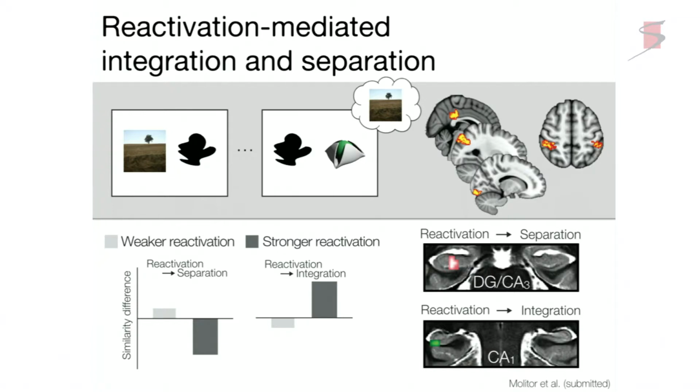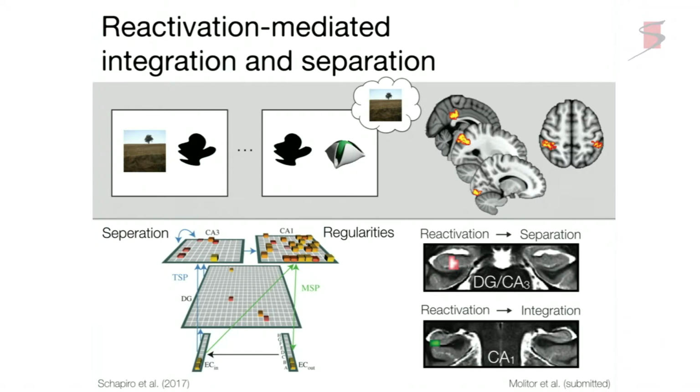What I'll point out is that this particular dissociation was predicted by a computational model developed by Anna Shapiro. It's built on the complementary learning systems model developed by Jay McClelland, except it has different representations for the different subfields of the hippocampus, in particular the monosynaptic pathway from entorhinal cortex to CA1, and the trisynaptic pathway that involves entorhinal cortex to dentate to CA3.